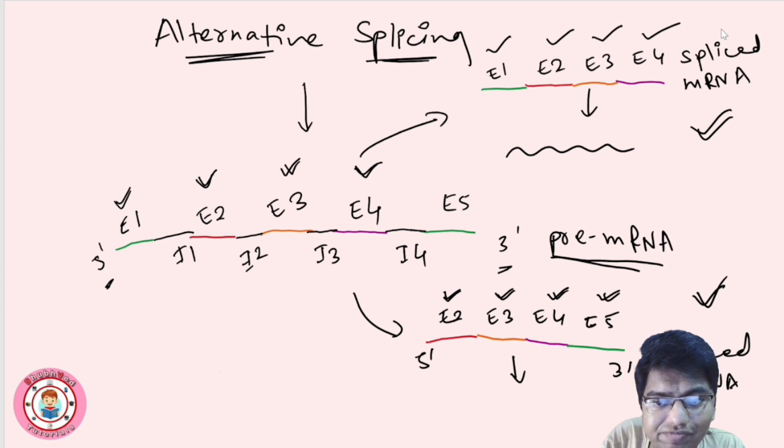First case में E5 missing है, and in the second case E1 is missing, right? So these are the two different types of mRNA which will code for obviously different proteins, right? जो proteins बनेंगे उसका structure कुछ अलग-अलग होगा, okay? But these are formed from this single pre-mRNA.